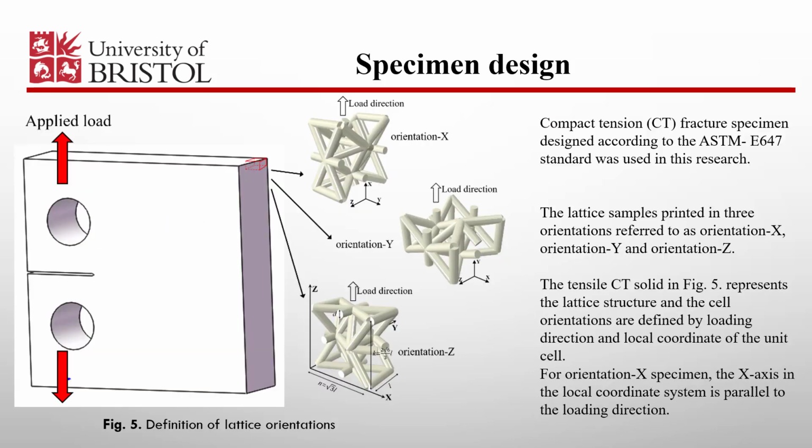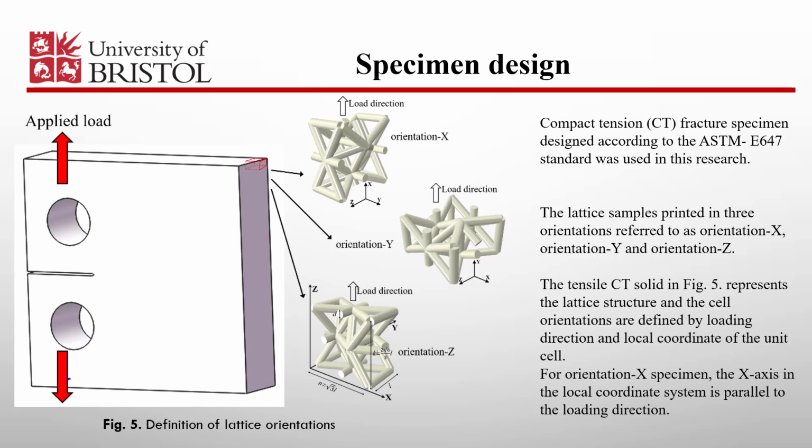All the lattices in different orientations are 3D printed using photopolymer into compact tension specimen geometry according to the ASTM standard. The definition of lattice orientations and configuration of unit cell structure are shown in Figure 5. The lattice samples are defined as X, Y, and Z orientations.